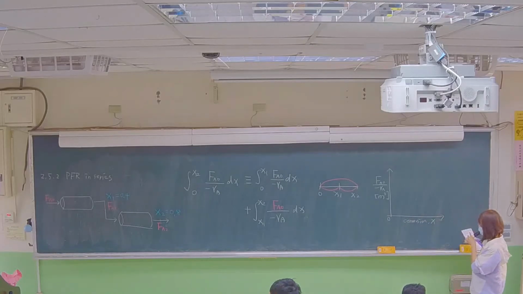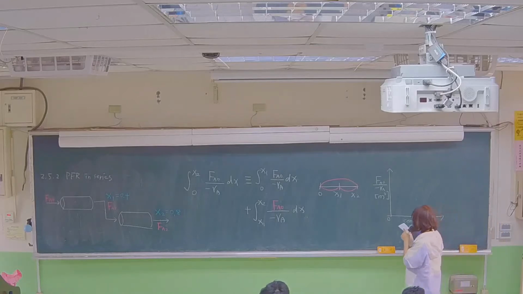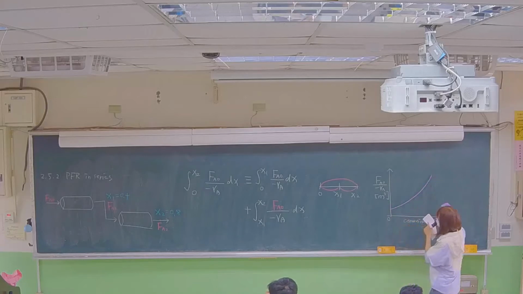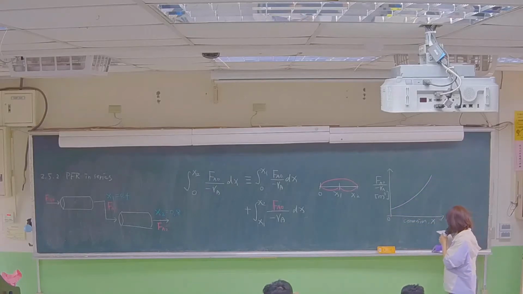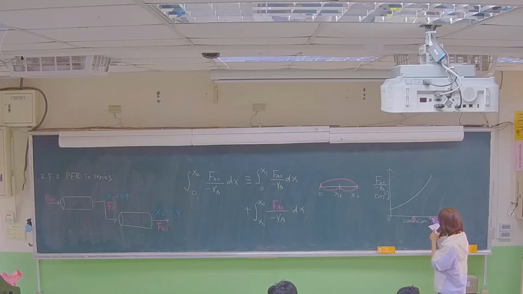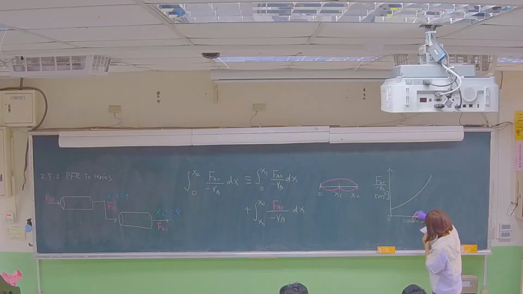How about the figure? For some reactions, the curve may be like this, okay? If X1 is located here and X2 here, X1 and X2, okay? So for the volume of the first reactor, do you remember?